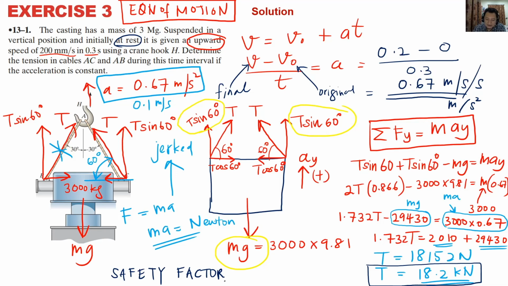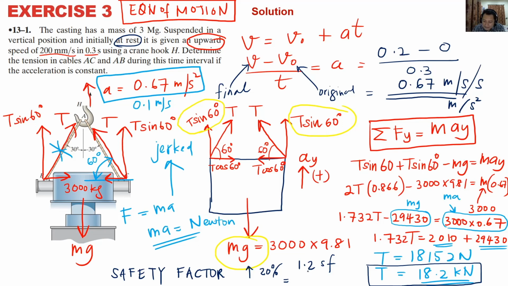You put in some safety factor, probably an additional 20%, so your safety factor becomes 1.2. So when you buy the cables, don't buy cables that withstand 18.2 kilonewton. Buy stronger cables.